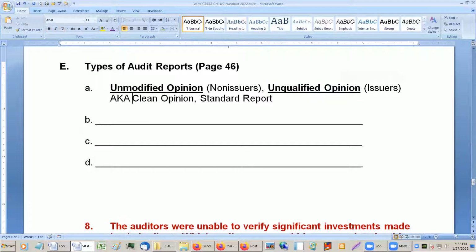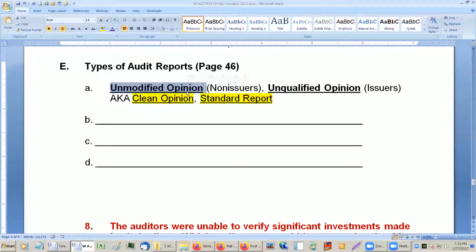So also known as clean opinion, standard report. So these are the official terms.